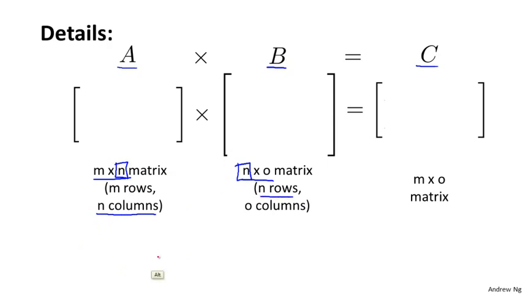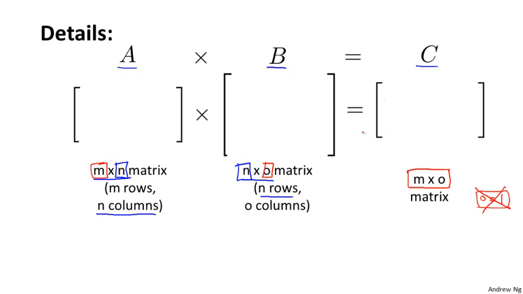The result of this product will be an m by o matrix, like the matrix C here. In the previous video, everything we did corresponded to the special case of o being equal to 1, that is, the case of B being a vector. But now we're going to deal with the case of values of o larger than 1.